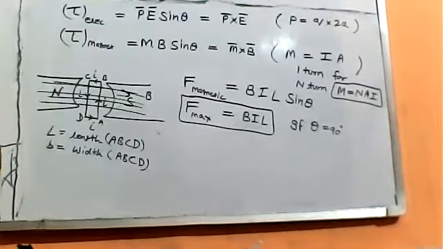What will be the answer? If a conductor is kept parallel to the magnetic field, the force is 0, and this is the minimum force. Below 0 is never possible, negative cannot be. Means magnetic force will be 0 if a conductor is kept parallel to the direction of magnetic field. And if we want maximum magnetic force, then we put the conductor perpendicular to the magnetic field, that is 90 degrees.